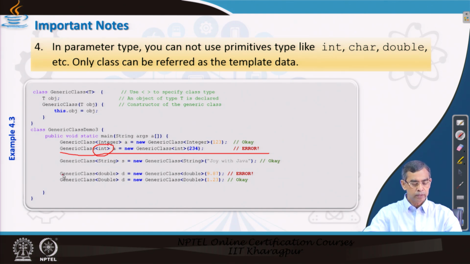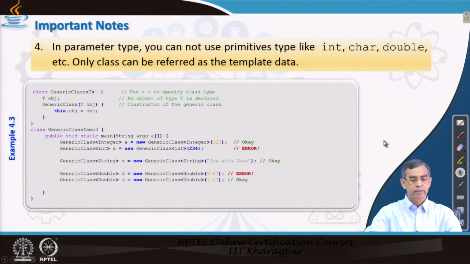Here also this is not valid, not legitimate. On the other hand, this is valid, and this is also valid. So, this is one important point that you should know and remember when you work with a generic class.